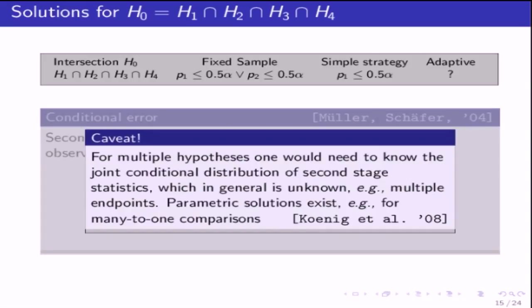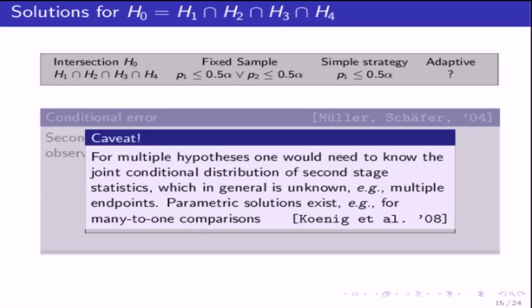However, there's one caveat. For multiple hypotheses, one would need to know the joint conditional distribution of second stage statistics, which in general is unknown. For example, if you have only a single endpoint and you're in the many-to-one comparison setting, then we would know the correlation. Then there exist some solutions.